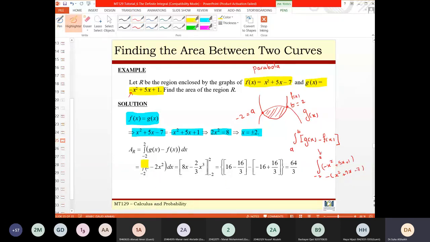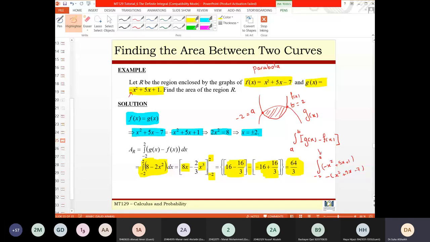You will end up with the integration from minus 2 to 2 of 8 minus 2x squared. Integration of 8 is 8x. Integration of 2x squared is x cubed over 3 with the 2, so it's 2 over 3 x cubed. And the integration is from minus 2 to 2. Substitute with the 2, substitute with the minus 2 with a minus, and this will be the result.